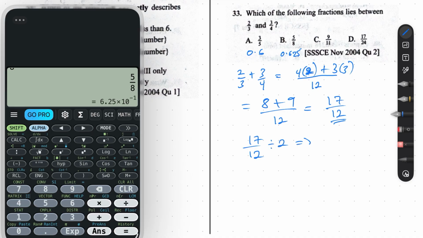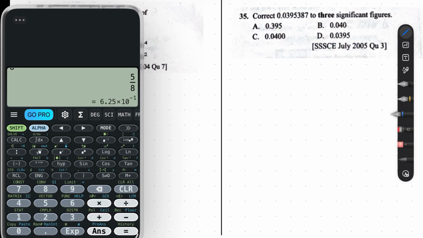That is the same as 17 over 12 times 1 over 2, which is 17 over 24. So this is our answer. Cool. Let's move on to the next set of questions.